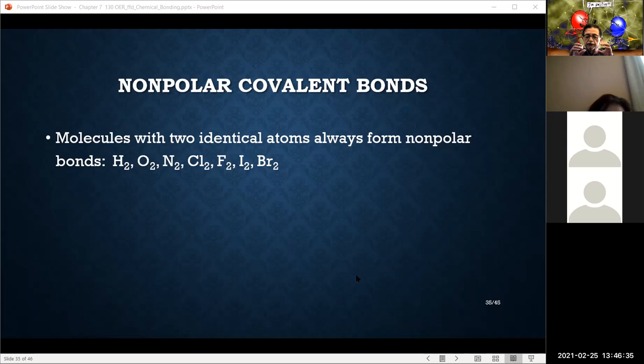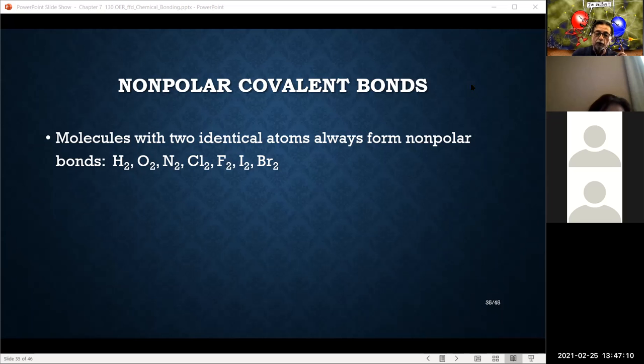I used the analogy of a tug of war, where I had a 200-pounder. Those two 200-pounders are pulling on that rope equally. So here we have two hydrogens pulling, and the electronegativity is equal. Two oxygens, two nitrogens, two chlorines, two fluorines, etc. The diatomics are equal, resulting in the nonpolar bond.